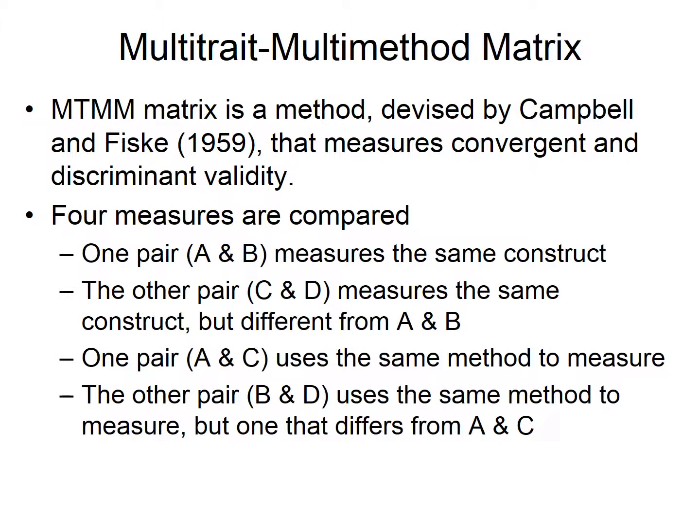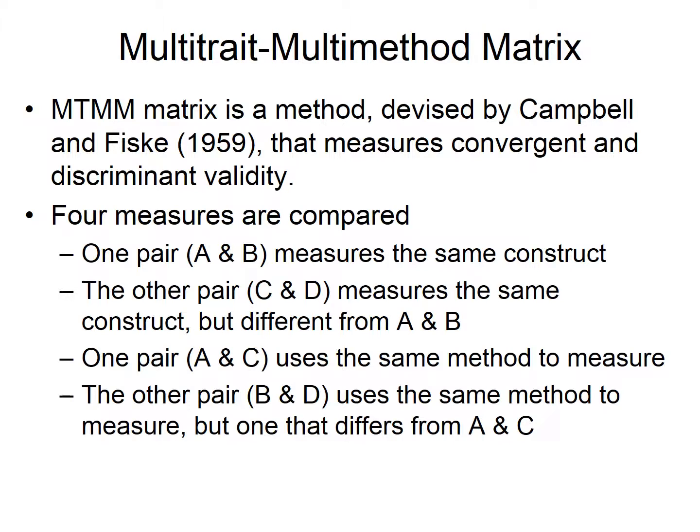The multi-trait, multi-method matrix, or MTMM, is a method devised by Campbell and Fiske in 1959 that measures convergent, concurrent, and discriminant validity all at once. Four measures are generally compared in a multi-trait, multi-method matrix. And I'm going to walk you through this, but basically we're combining everything we've talked about into one study at this point.